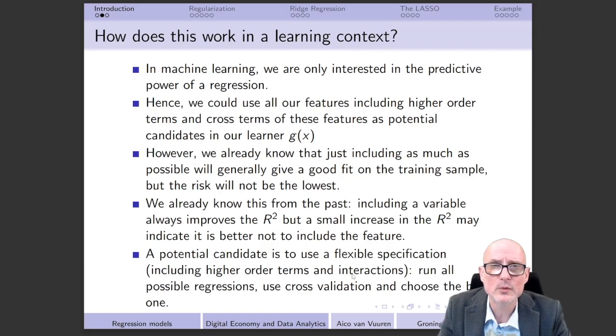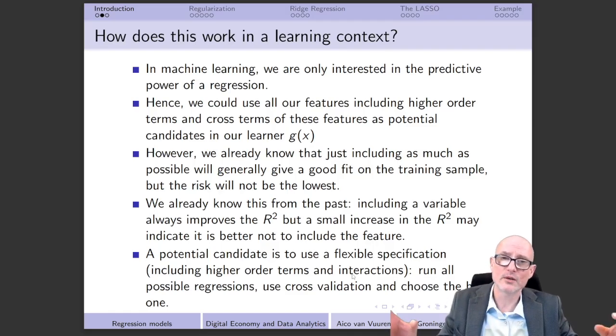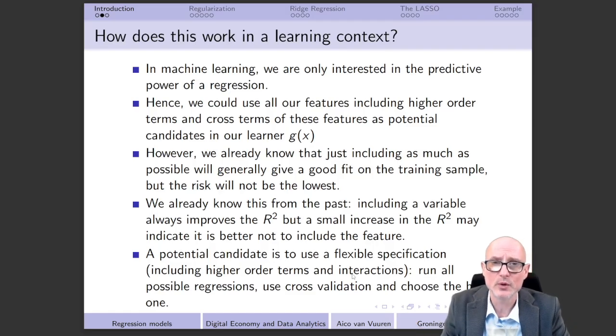So we do not use one particular regression, but all the potential regressions that we can do with the features that we include.